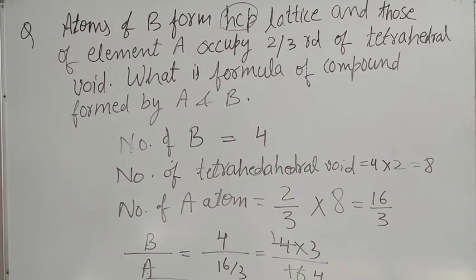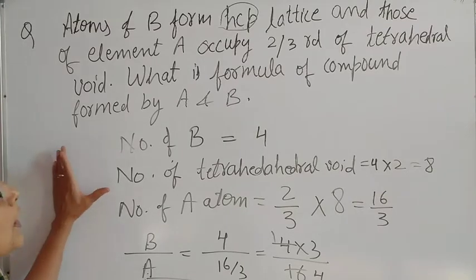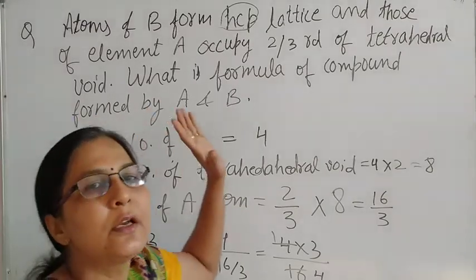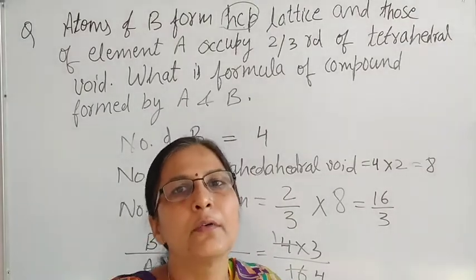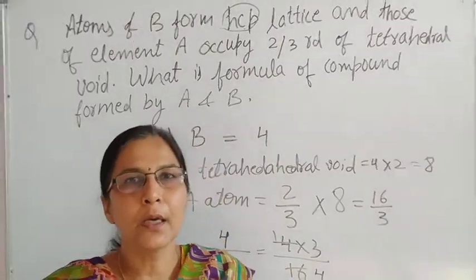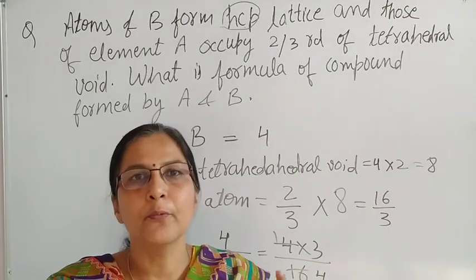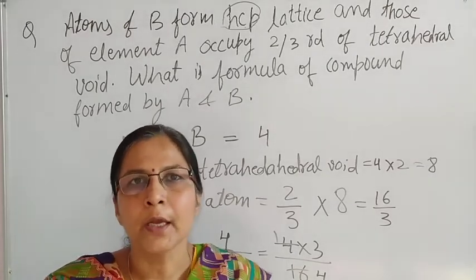So one more question; these come regularly in boards. Now you can understand that in general in an ionic compound, lattice points are occupied by the bigger anion and the smaller void is occupied by the cation.